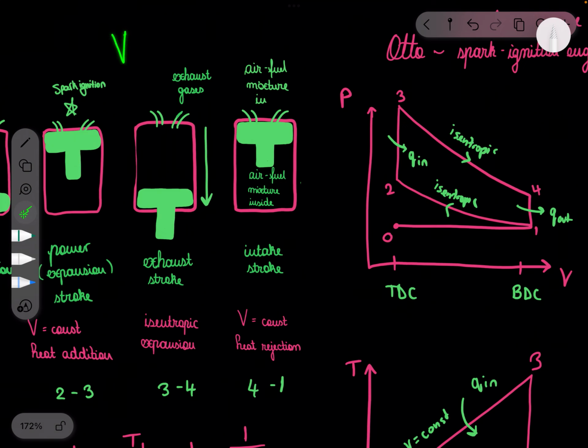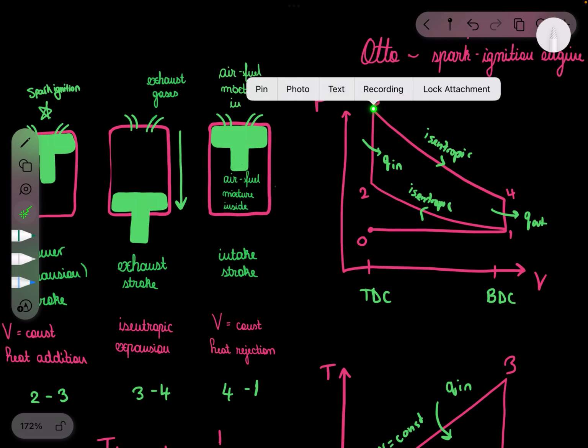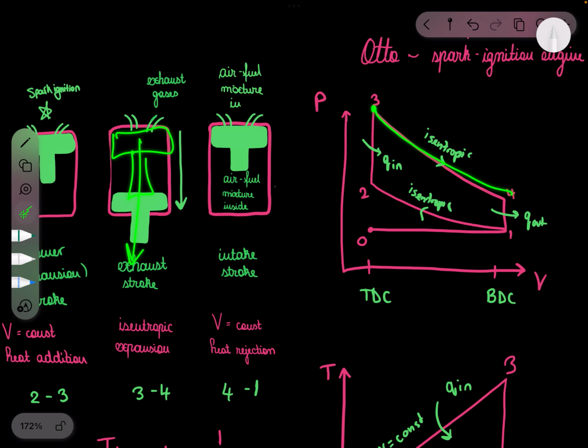So more space, so less pressure, so less crowded, if you want to think of it like a bus or train that's less crowded because it's got more space. Anyway, so we said isentropic expansion from 3 to 4, which means from the top dead center moving to the bottom dead center. And you also see the change in pressure.